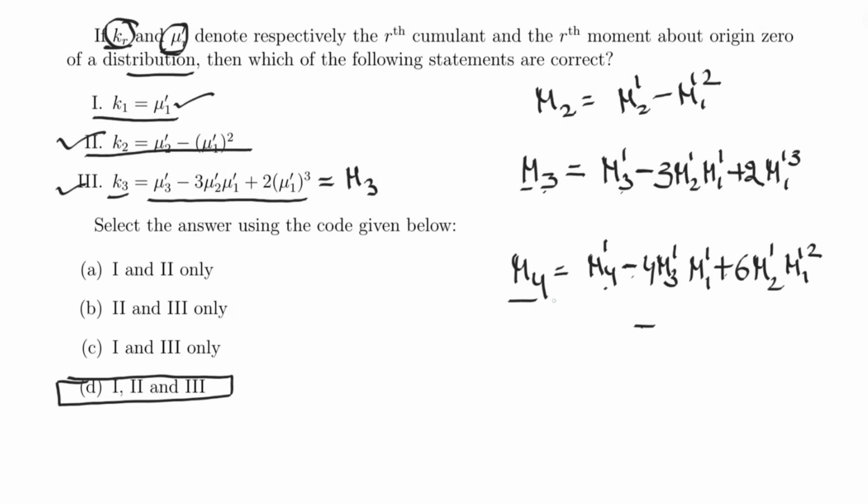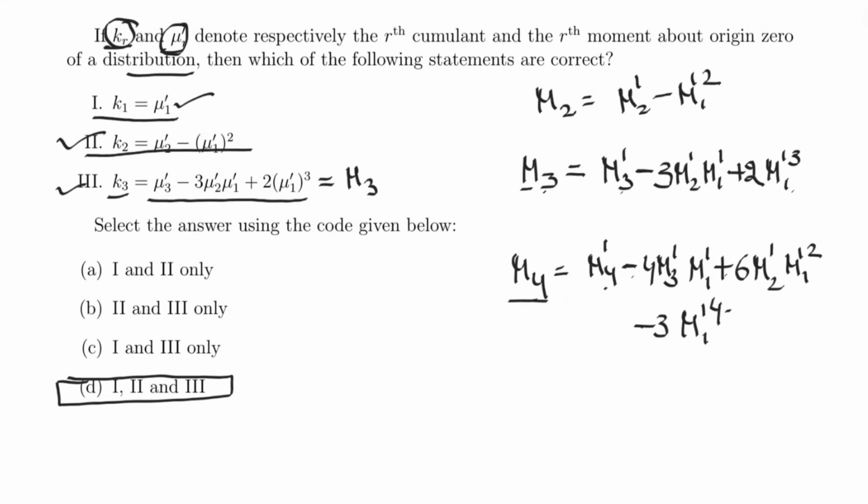And in mu4 there should be 4 terms. So in the last term we will always write mu1 dash. We are finding mu4, so put power 4 here and multiply by one less than this power, mu3. So this is an easy way to remember mu3 and mu4.